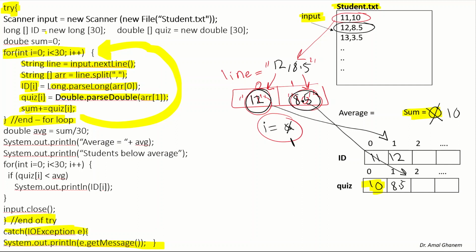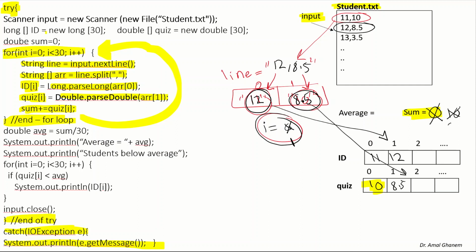The value of i is more like the index: the first line will be index 0, index 1, index 2, until you finish the elements in your array. That's why it's recommended to use a for loop instead of while input has next line, because you can use i as an index. And by this, of course, you will do the summation as well.